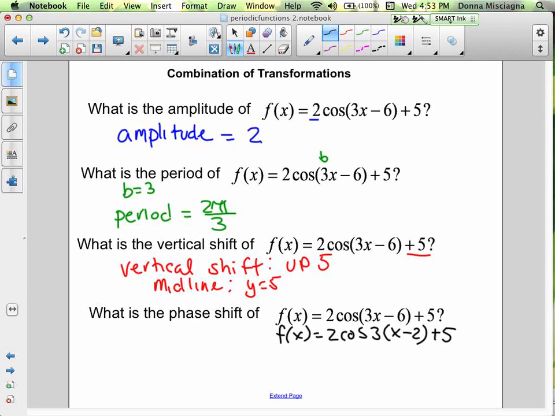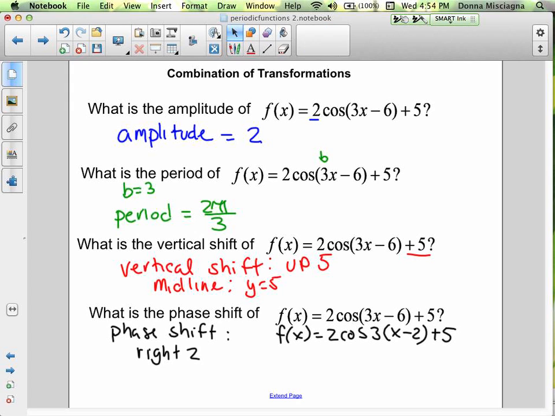So that means our phase shift is right 2. Sorry, I started to glance at that plus 5. Right 2 is our phase shift. And there you go. There's all the things.